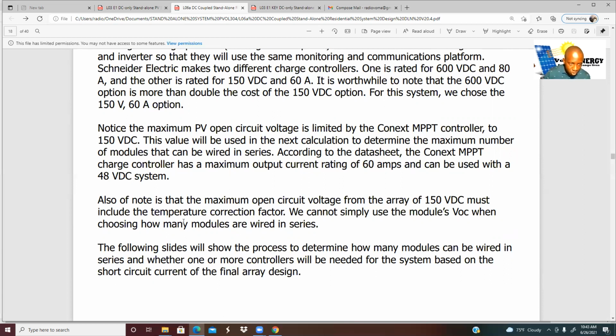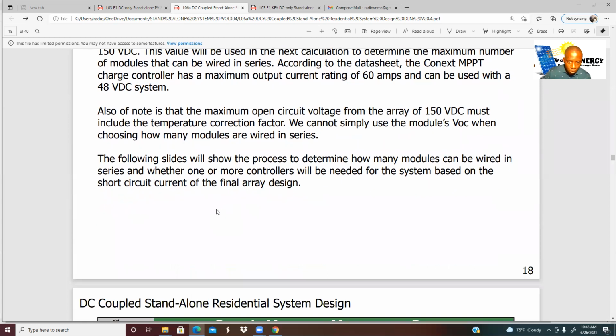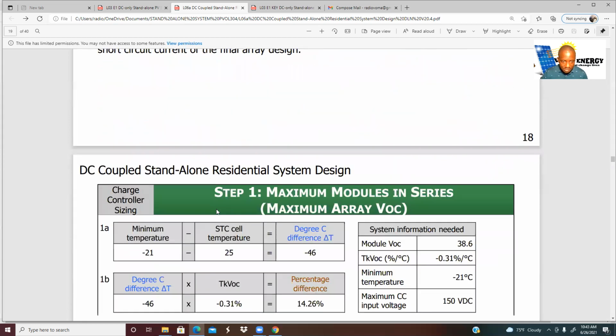Note that the maximum open circuit voltage from the array of 150 volt must include a temperature correction factor. We cannot simply use the module VOC when choosing how many modules are wired. The following slide will show the process.